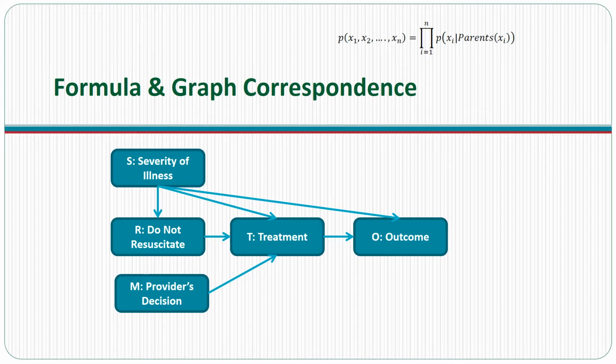Each of these parent-child relationships indicates a dependency in the data. Perhaps more important, the absence of any link indicates independence. For example, the link between provider decision and the health outcome is not present. The model assumes that the provider influences health outcomes primarily through the choice of treatment.